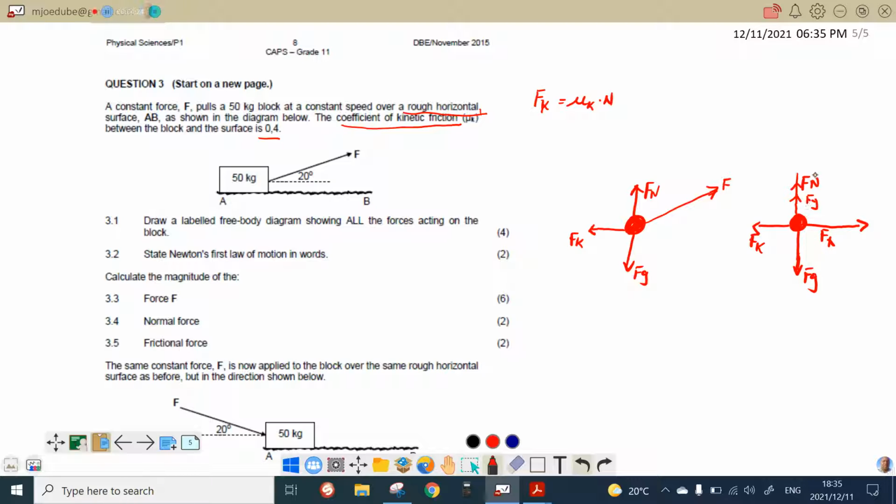So it's important that if you choose to show it this way, you would show it in terms of the components that are there. Let me just put it this way.